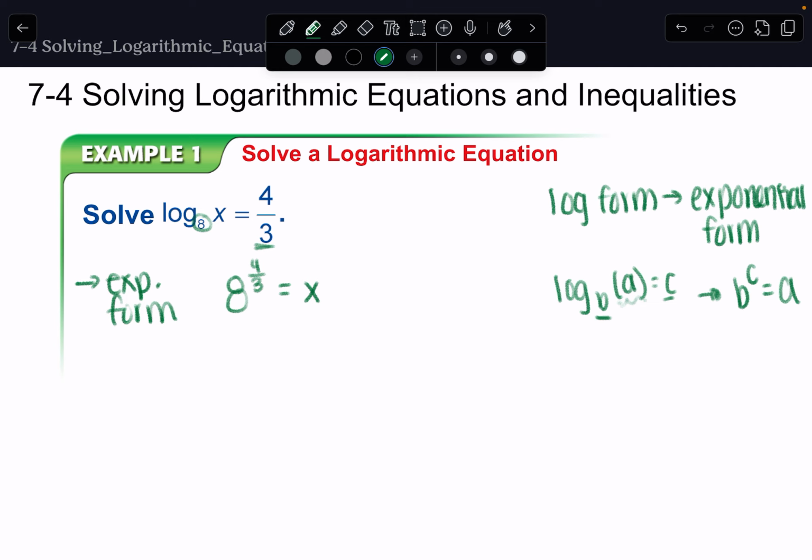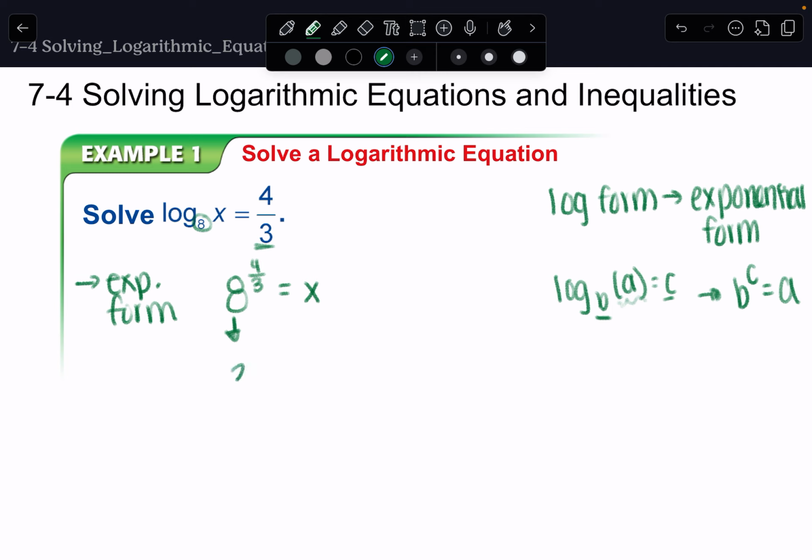If it does not let you, the other way you can do this is, if I have an 8, I can break that down to a smaller base. So thinking about 2, I can multiply 2 by itself 3 times to get 8.